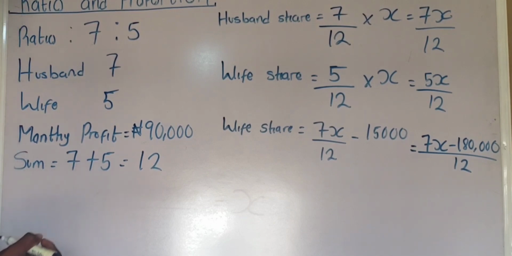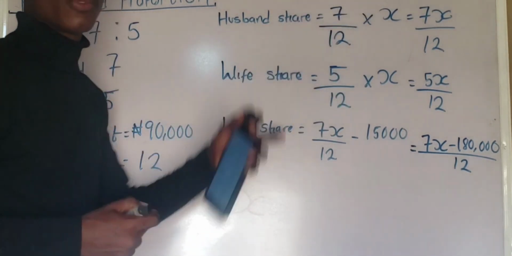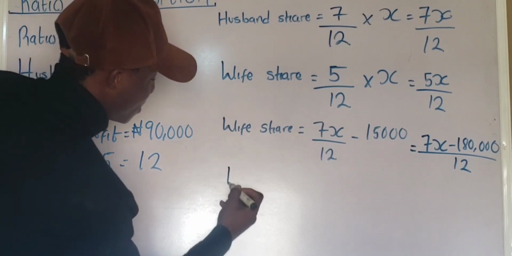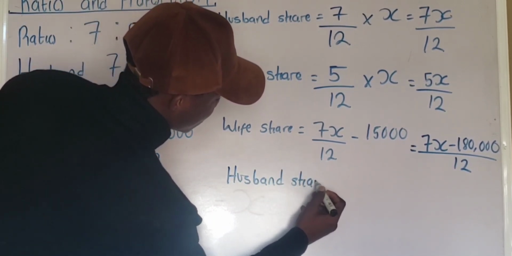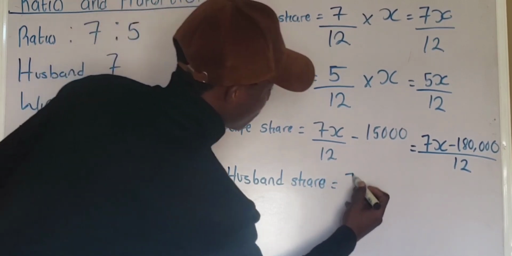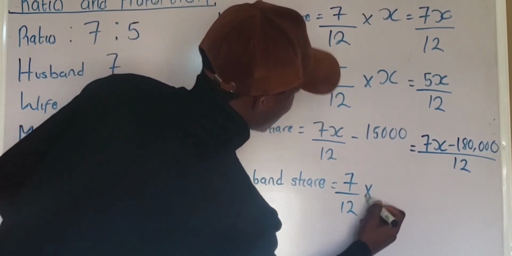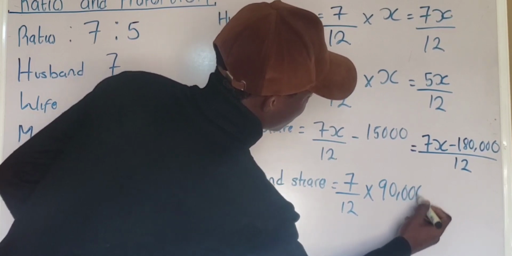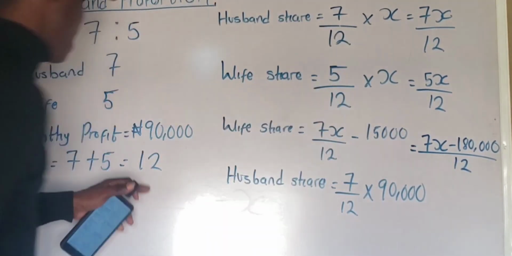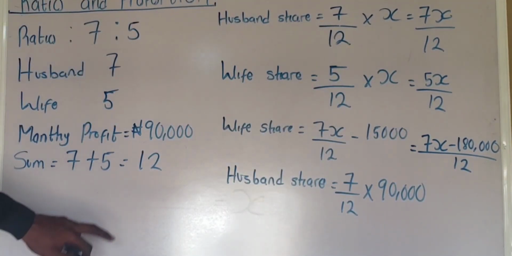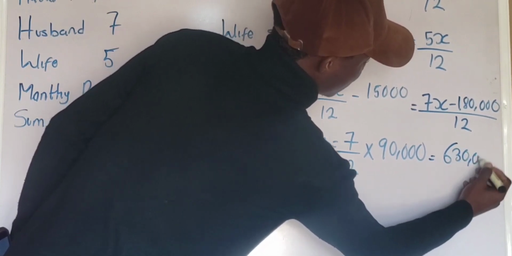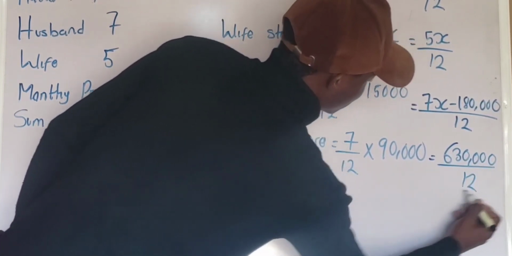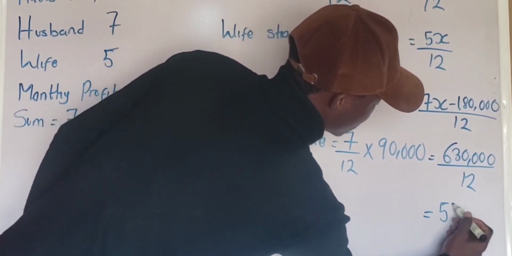We just have to multiply 90,000 naira by 7 over 12. The share of the husband is equal to 7 over 12 multiplied by 90,000 naira, because it is 7 over 12 multiplied by x, and x is what? 90,000 naira. 7 over 12 multiplied by 90,000 naira, that is 630,000 divided by 12. 630,000 divided by 12 is 52,500.